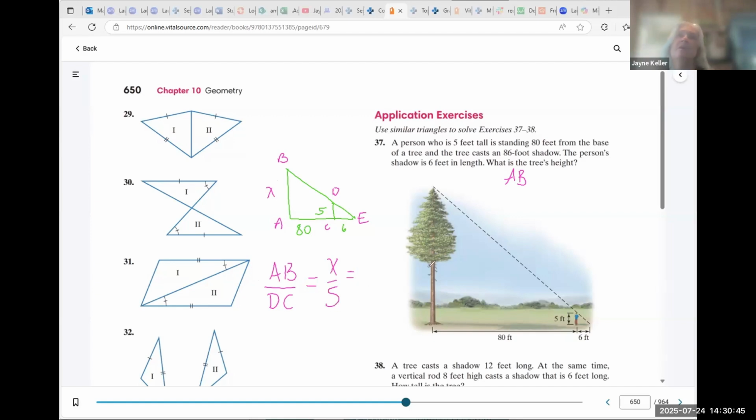Now what sides do I have in those two triangles? We have the height of the person and the shadow. These two sides correspond to one another, this side corresponds to this side, and this side corresponds to this side.